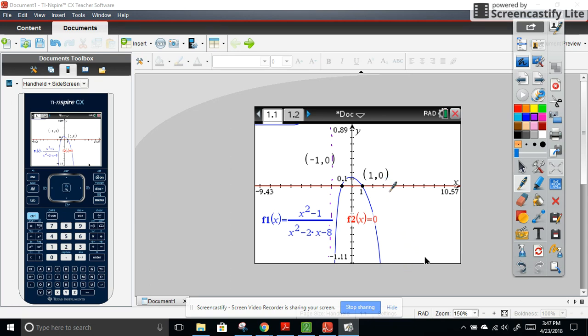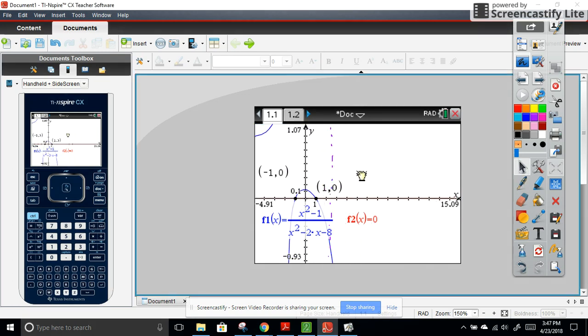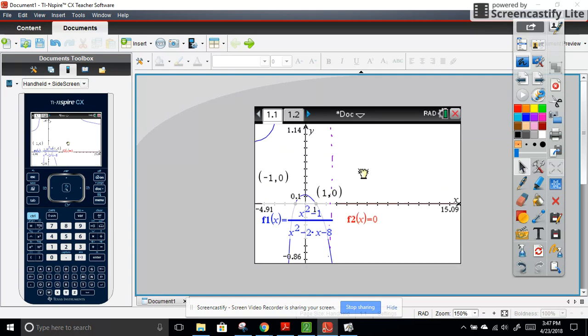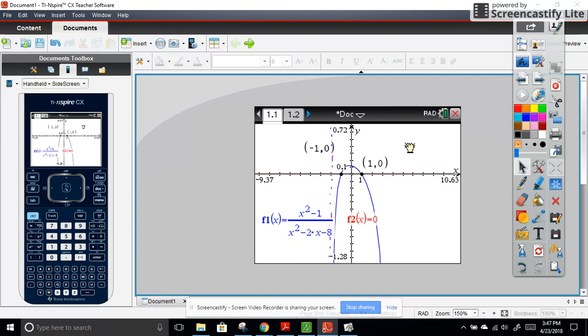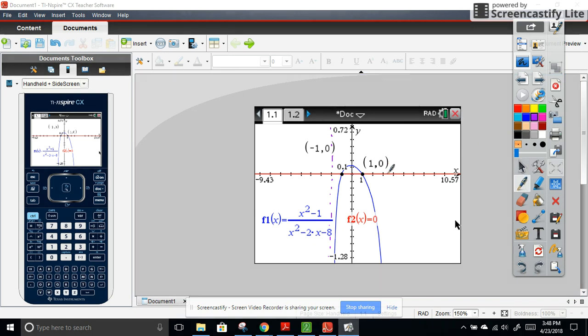And I think we have another one over here at 4. I'm going to check it in just a second. How am I going to check it? I'm going to check it algebraically. 1, 2, 3, 4, but I'm thinking it's going to be 4. Why do I think it's going to be 4? Anybody know why?